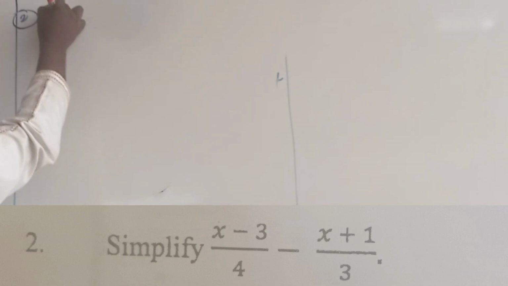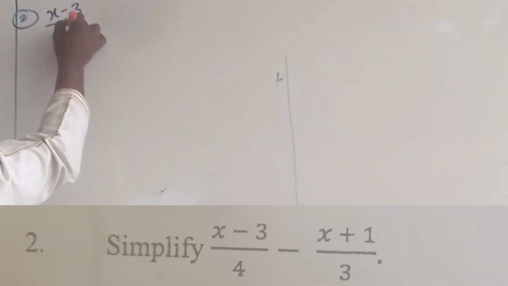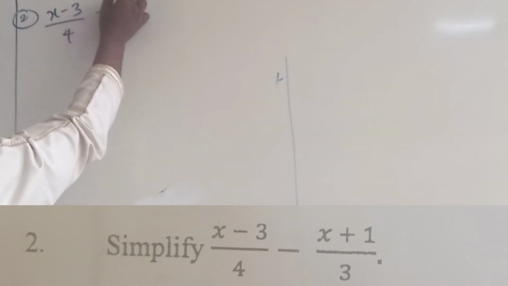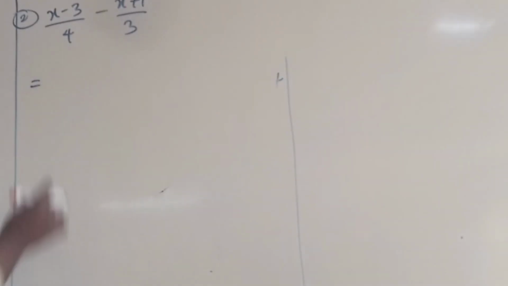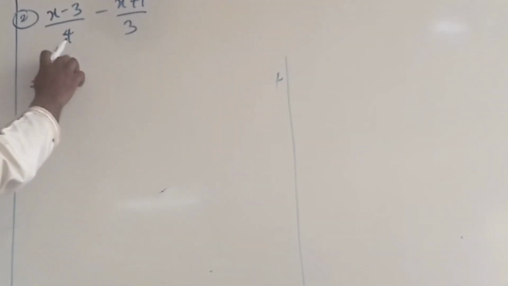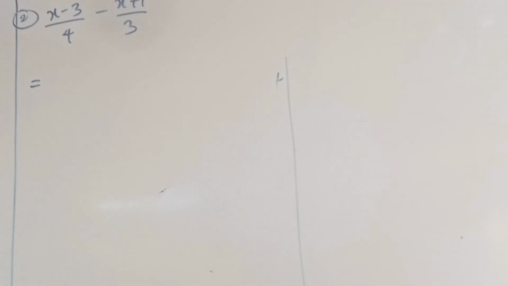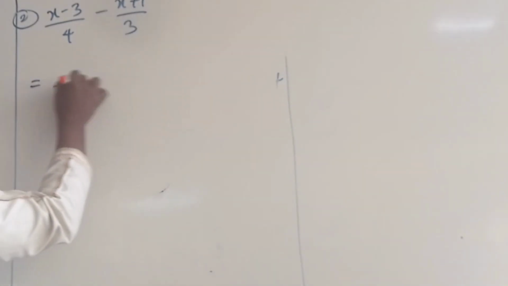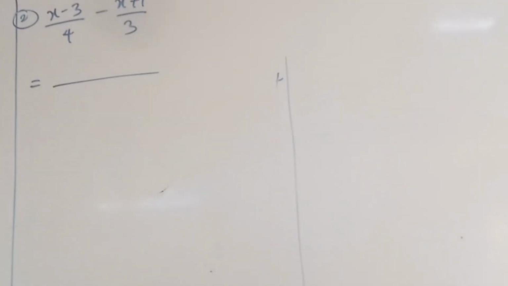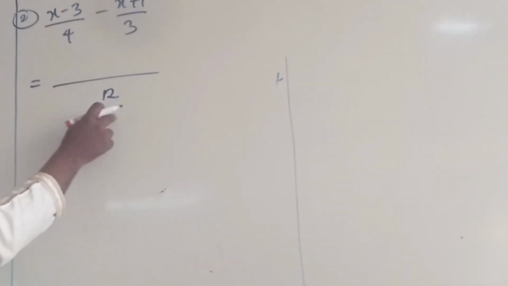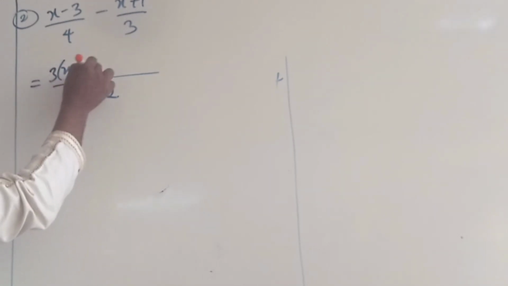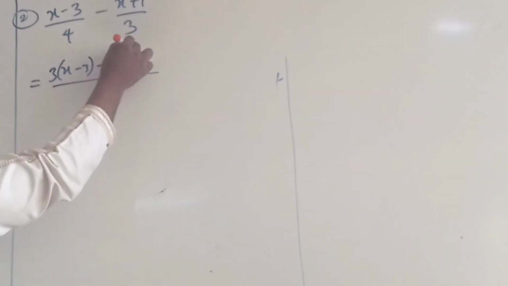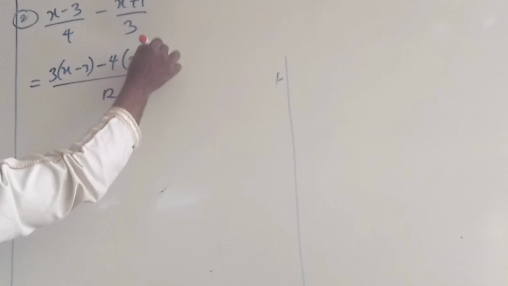Number 2. Simplify x minus 3 divided by 4 minus x plus 1 divided by 3. So in the case of this, we find the LCM of 4 and 3. The LCM of 4 and 3 is 12. So 4 in 12, 3. That is 3 multiplied by x minus 3 minus 4 multiplied by x plus 1.